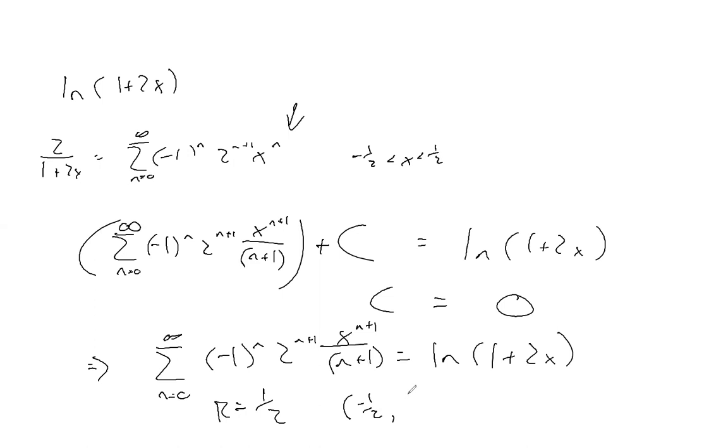Plug in positive 1/2, and it should be convergent. So my interval should be this. Usually these questions are just asking about the radius of convergence for these integral and differentiation questions, so the 1/2 is the important part.